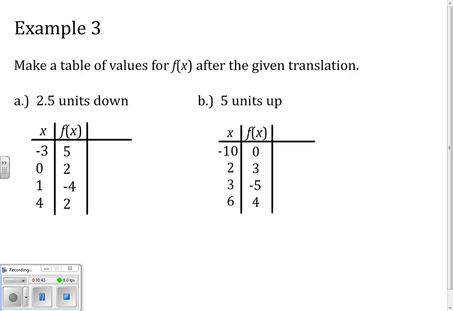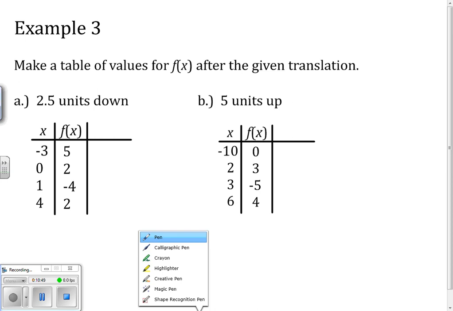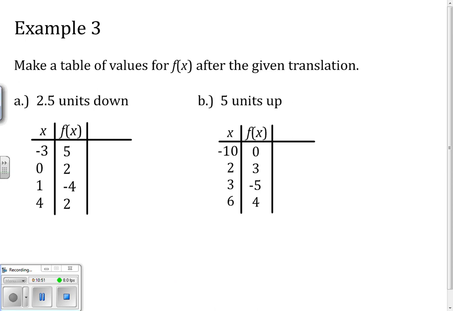All right, they want you to make a table of values after translating them. So you need to consider what value gets affected when you move things left, right, up, or down. So in letter A, they want to move it 2.5 units down. Down is done to the y values, and remember f of x is the same as y. If you want to move something 2.5 units down, that means I want to do f of x minus 2.5.